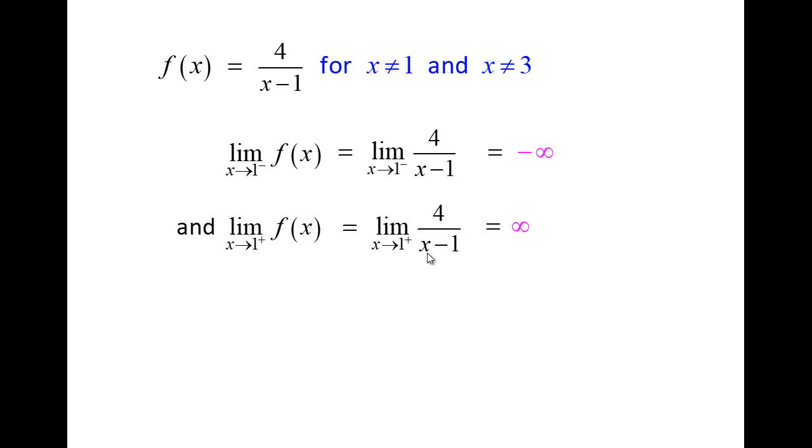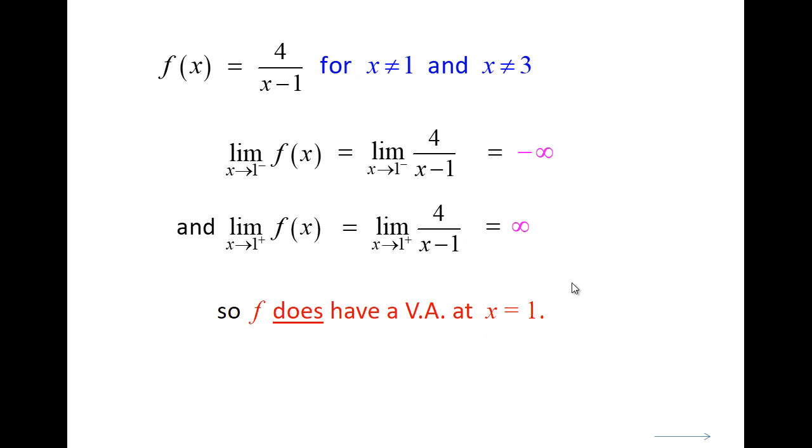If you divide 4 by something like 10 to the negative 80, you're getting a huge number. So you can make this fraction as big as you like simply by choosing x close enough to 1 on the right side of 1. So we see that f does have a vertical asymptote when x is 1. The line x is equal to 1 is a vertical asymptote here.